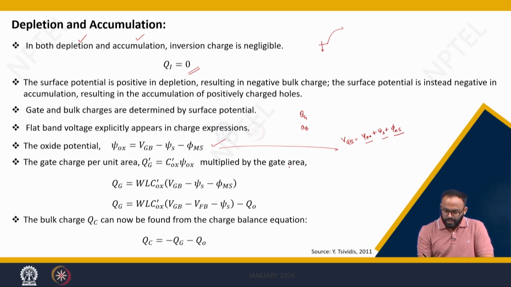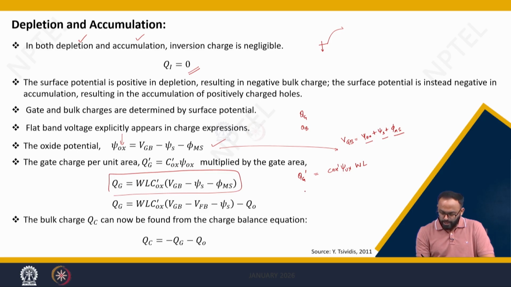Out of which we can rewrite for psi ox, and you remember the gate charge per unit area can be given as Cox dash into this psi ox. Now, as we are interested in the total gate charge, we need to multiply with W into L. That is what you are getting here, right?